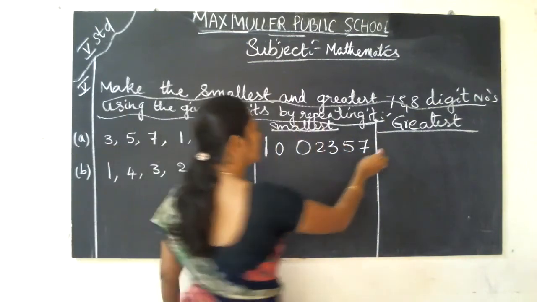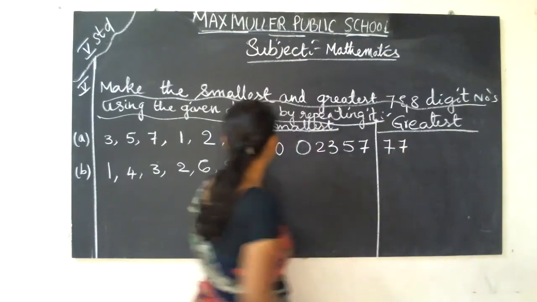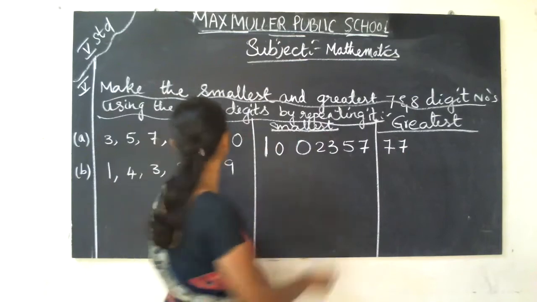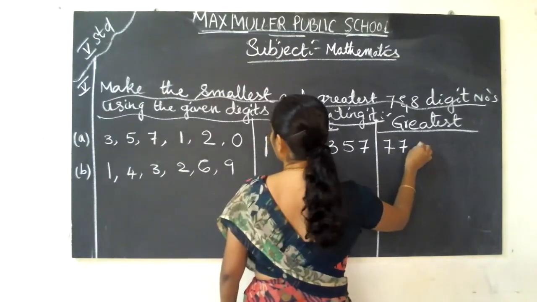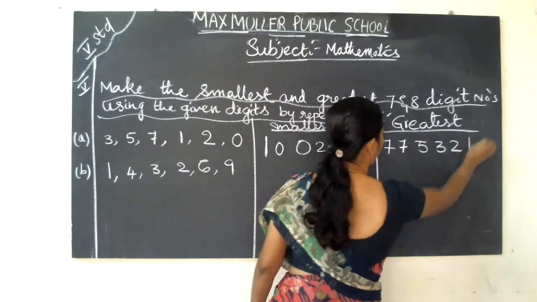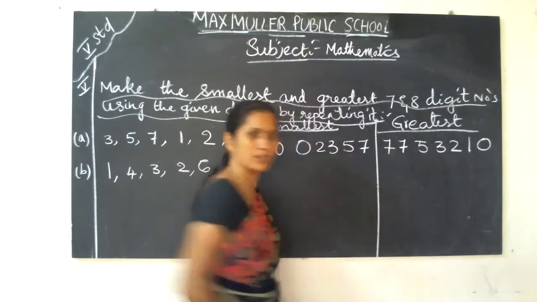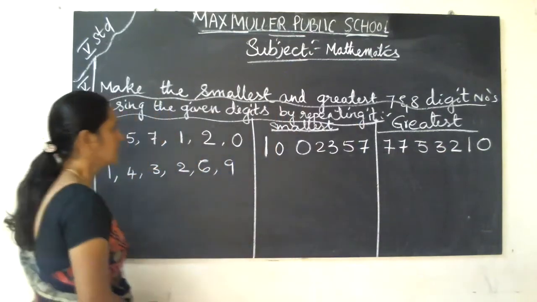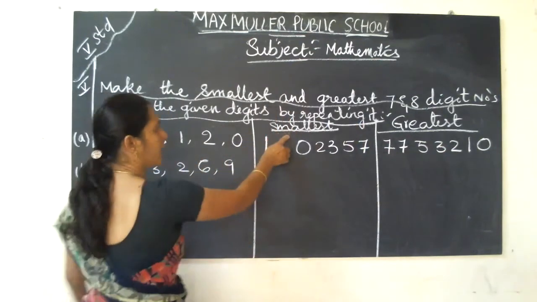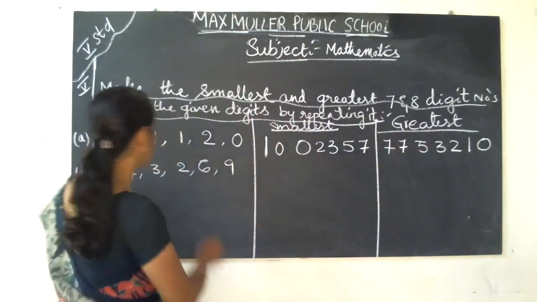Okay. Greatest number: the greatest digit here is 7. So 7, 7, 5, 3, 2, 1, 0. 1, 2, 3, 4, 5, 6, 7 digits. Got it, children? This is the smallest and this is the greatest 7 digit number.